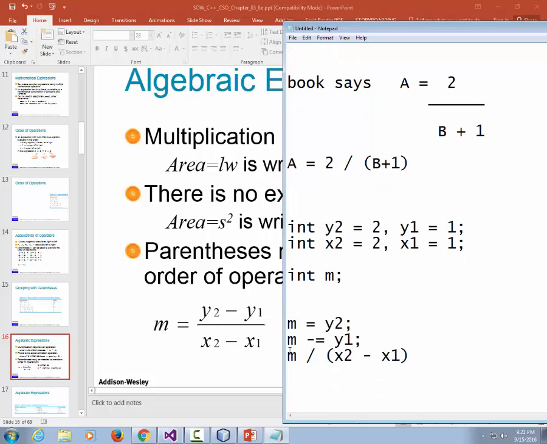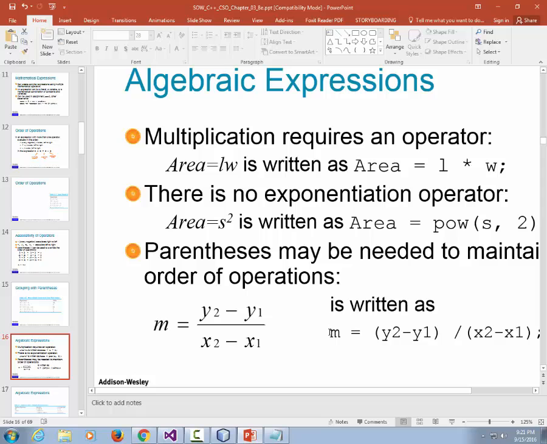Anyways, you see what I'm saying? You could take several steps to do this. I'll rewrite it in long form. M is equal to m minus y1, and then m is equal to m divided by. And that's totally cool too. If you think that the expression would be better served by breaking it up into several steps, go for it.